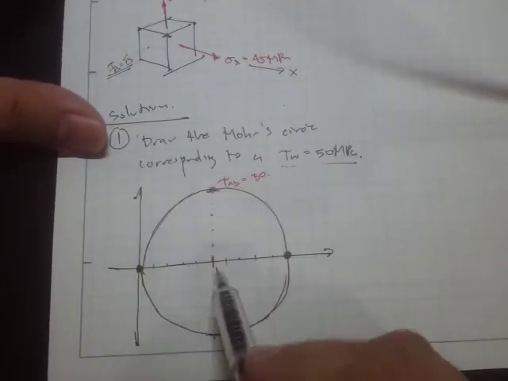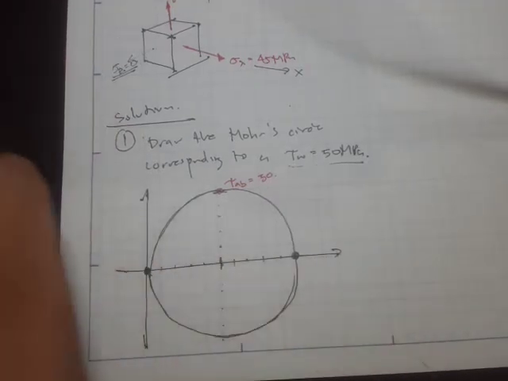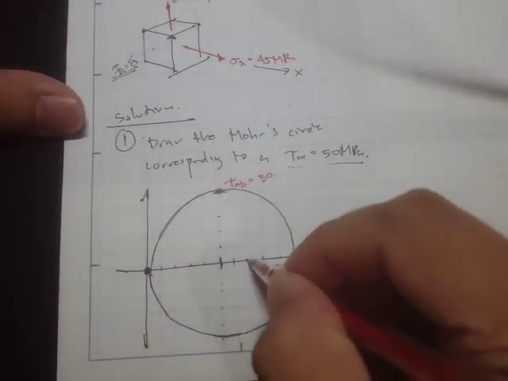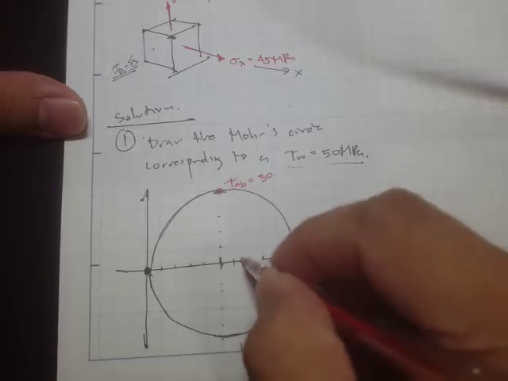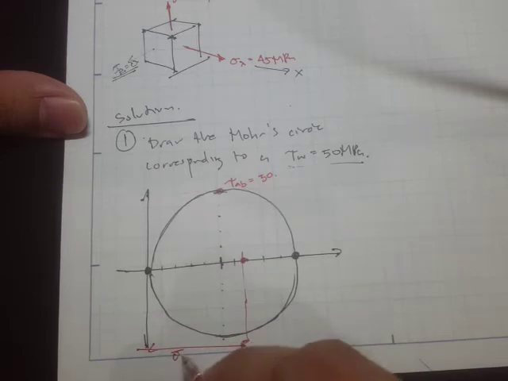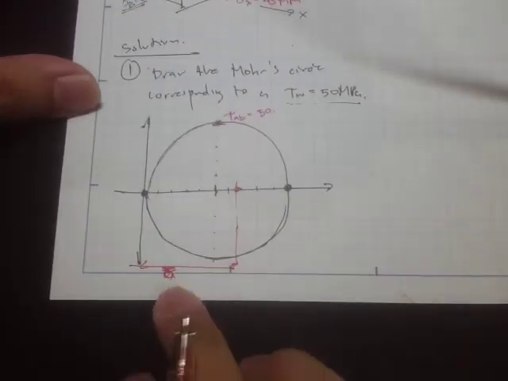Okay, so if we plot it here, if this is our 50, then 50 right here would be our 60, and then this is 70, so somewhere right here. So this is the sigma average for the xy plane.